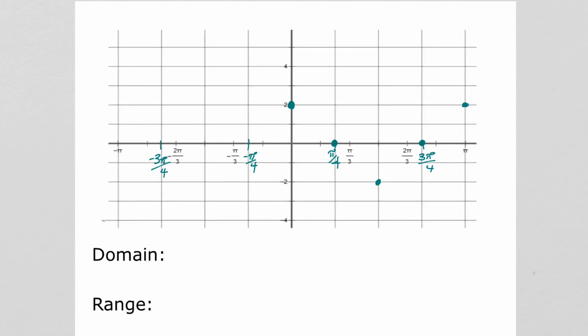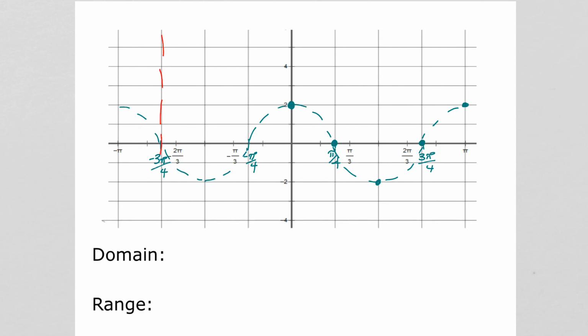So now we can sketch in our cosine curve, and we can keep going over to the left here, following the same pattern. Then our asymptotes will be where we cross the x-axis in this case.